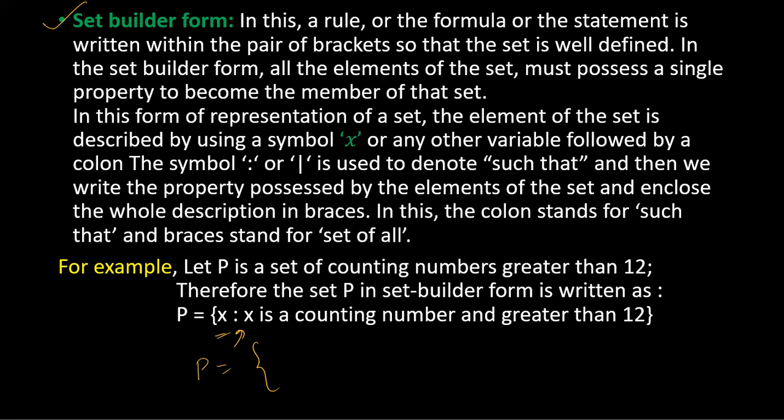Counting number means nothing but a natural number greater than 12. So we write 13, 14, 15 and so on. It continues. So this is a counting number and greater than 12. We can write like this, and in set builder form we write like this.